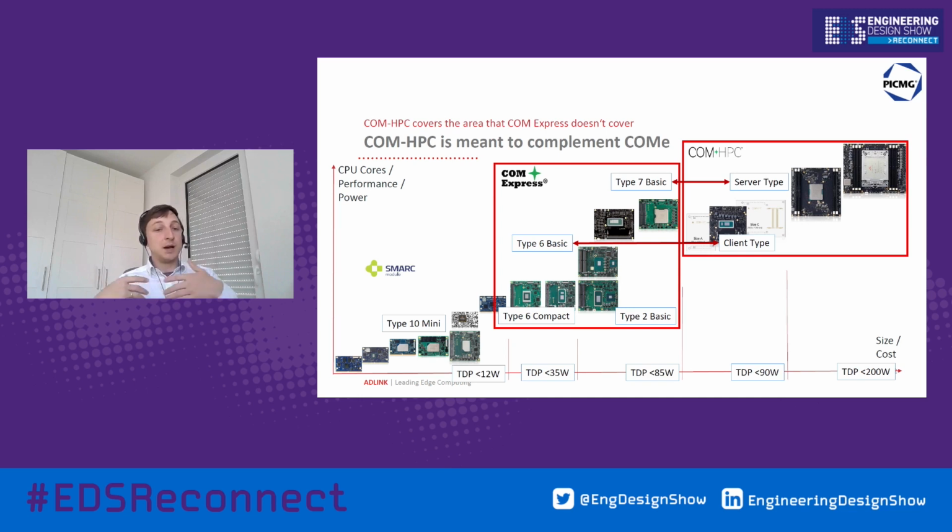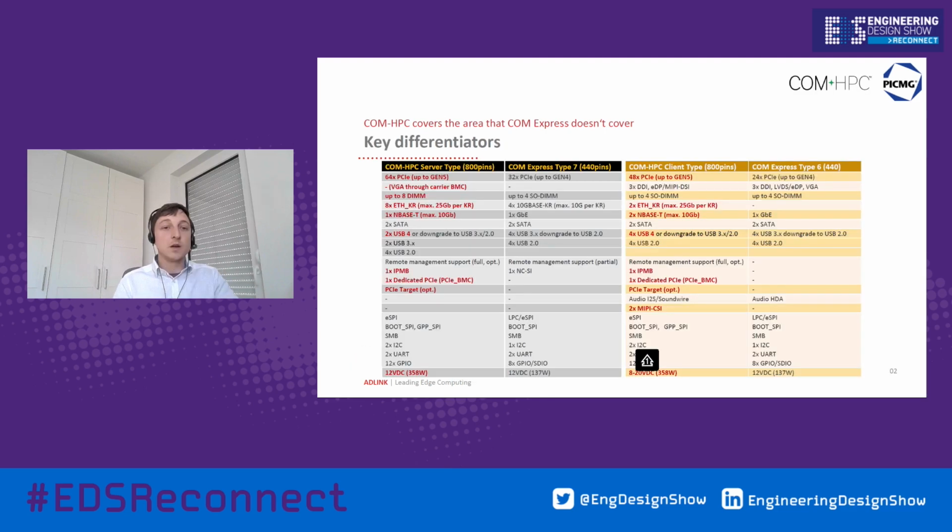So you might be asking yourself, what is the difference between COM-HPC client and COM-HPC server? Let's have a look at the details. On the left-hand side, you see a comparison table between COM-HPC server, which complements COM-Express Type 7. And on the right-hand side, you see the same comparison table between COM-HPC client and COM-Express Type 6.